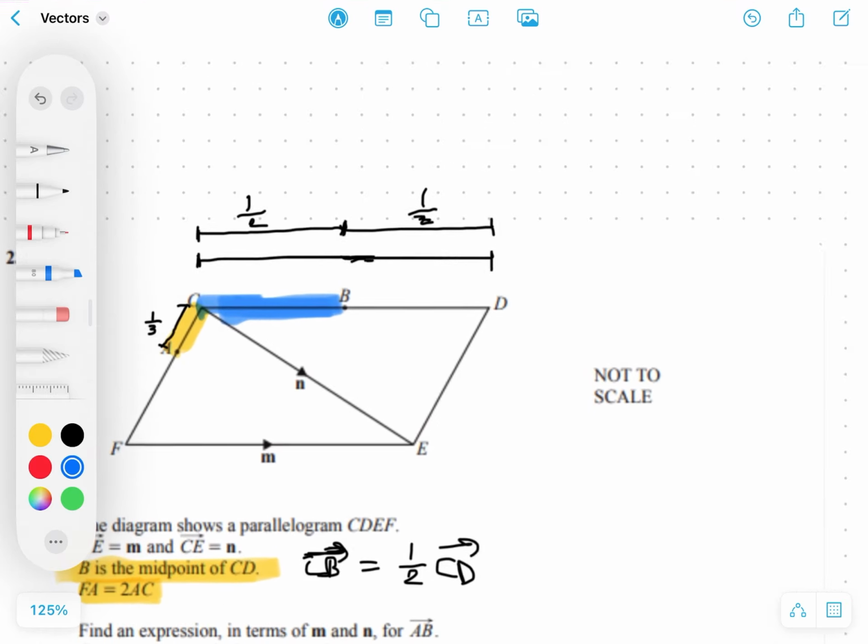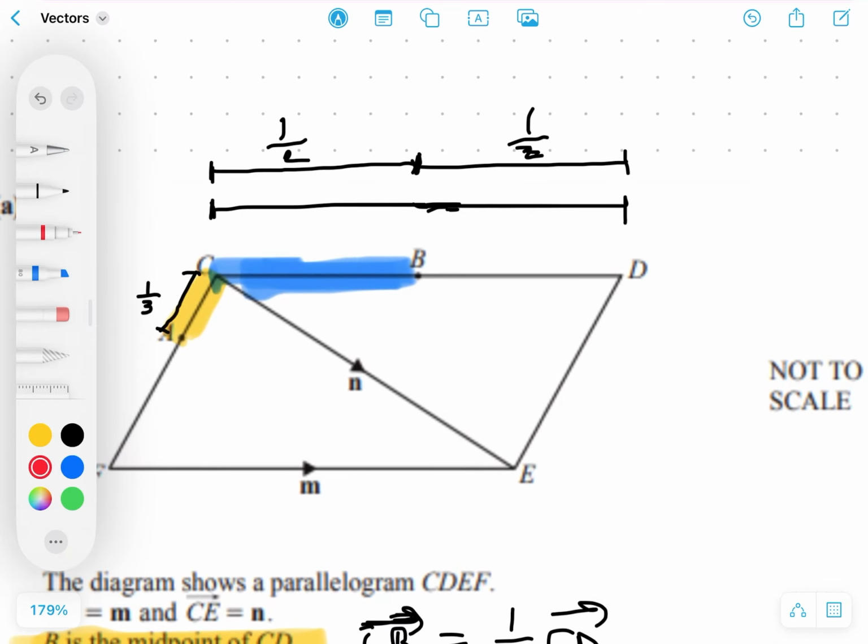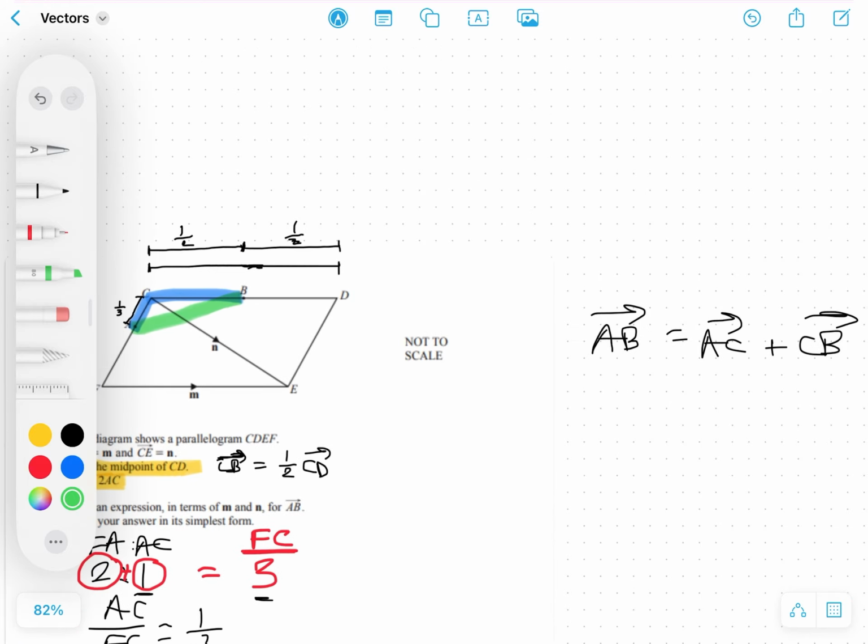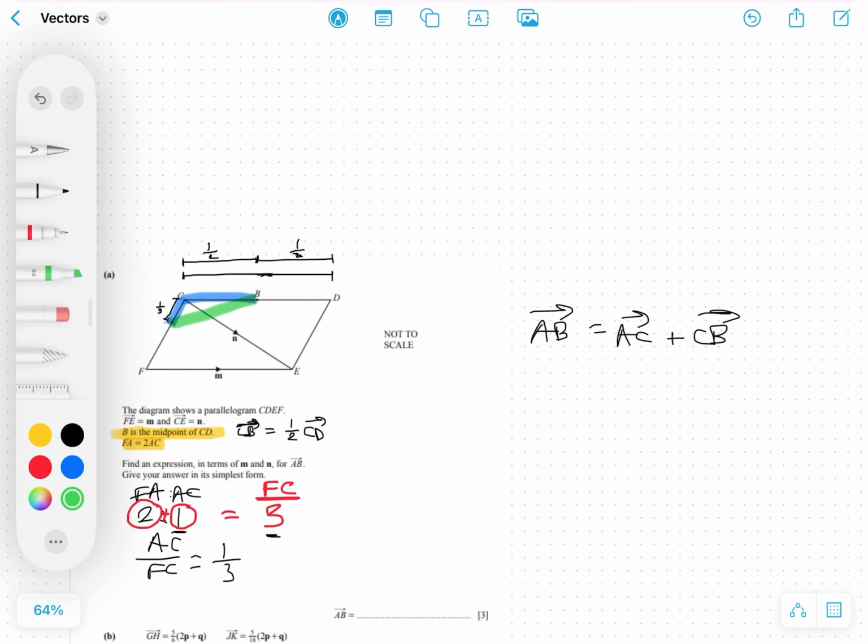In total, going like this and like this is equivalent to going from A to B directly. So therefore, the vector AB is equivalent to vector AC plus CB.